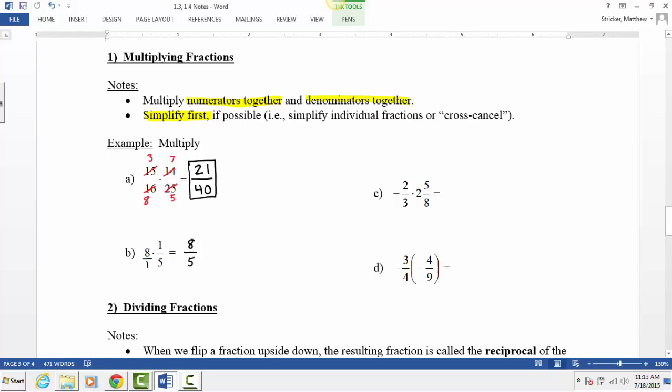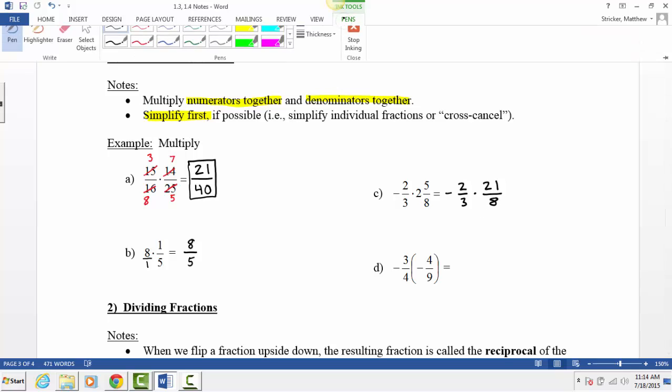Well, here we have a fraction times a mixed number. What might be a good thing to do first here? Hopefully you're thinking, well, let's change that mixed number to an improper fraction. That's what I would do. So I'm going to rewrite this as negative 2/3 times, well, we just did this. 2 times 8 is 16, and 16 plus 5 is 21, and we keep our denominator of 8.